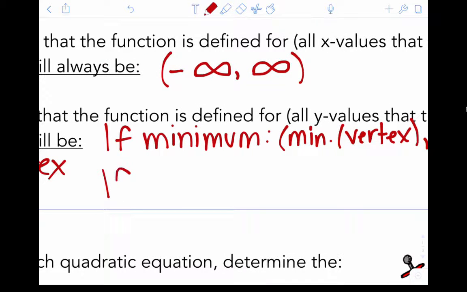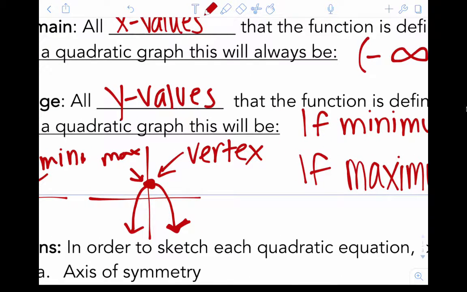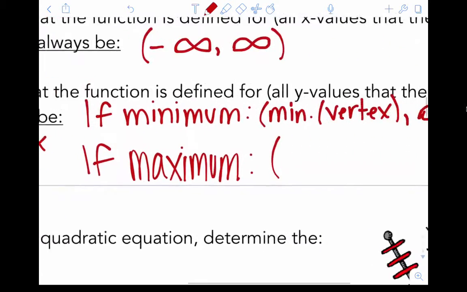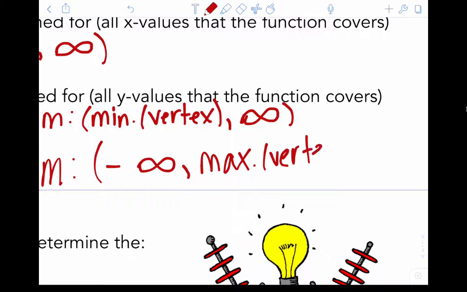But if it has a maximum, its lowest point is down forever, so its lowest point is negative infinity, and then it goes all the way up to the maximum point, or the vertex.